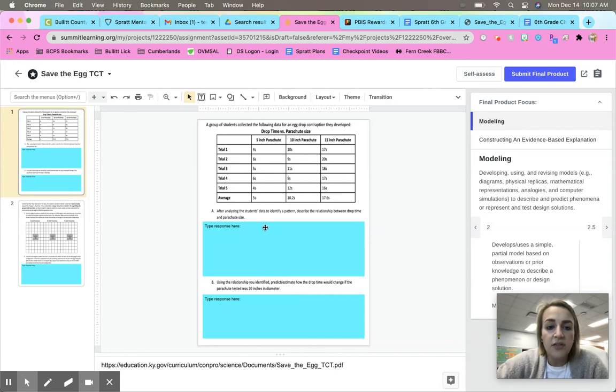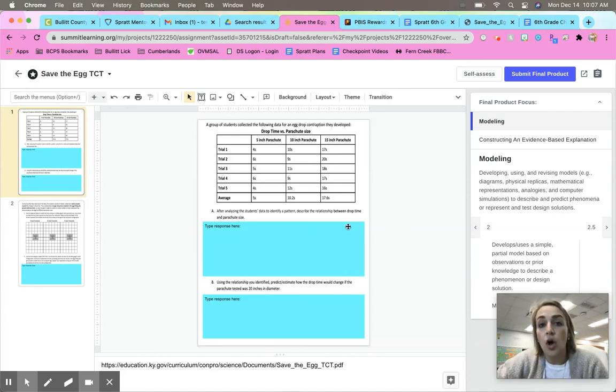And you can even look at the data and you can say, okay, we've got an increase of 5 seconds every time, roughly an average. What would maybe be the time if it was a 20-inch parachute? Okay, that's going to be a complete sentence, capital letter at the beginning, period at the end. Don't overthink it. What is happening if they increase the parachute size to 20 inches? What happens to the drop time?